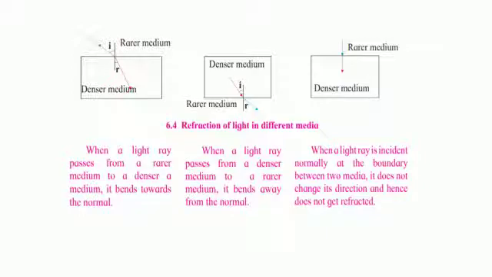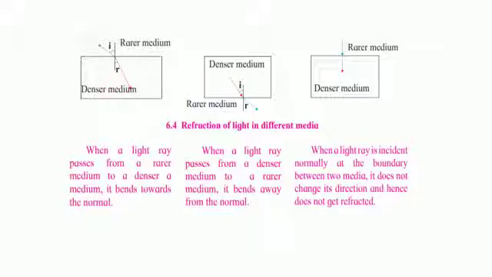Let us try to understand the refraction of light in the different media. The first diagram here shows that a ray of light is passing from a rarer medium like air to a denser medium like glass. So here we find that the angle of incidence is greater than the angle of refraction. This is so because when the ray of light comes from air and goes into glass, it bends towards the normal.